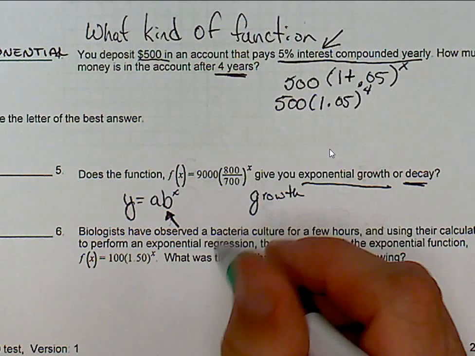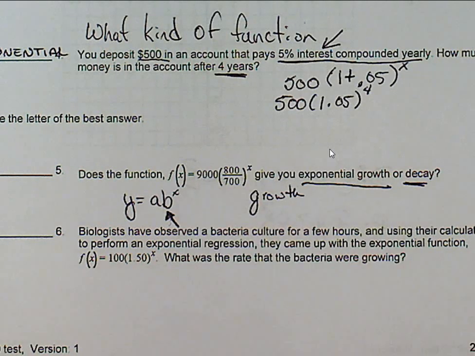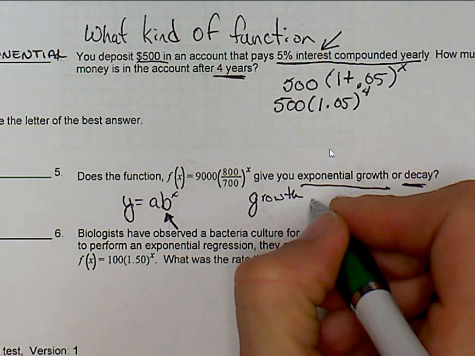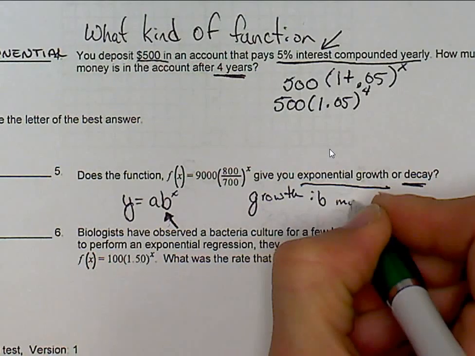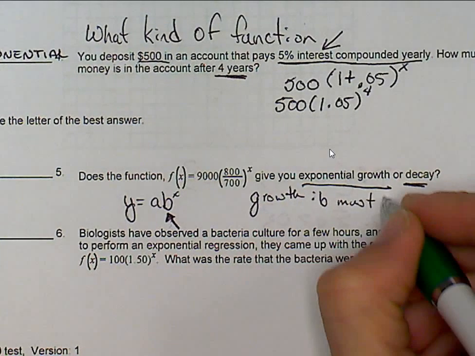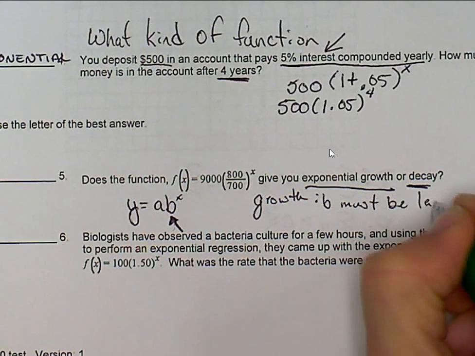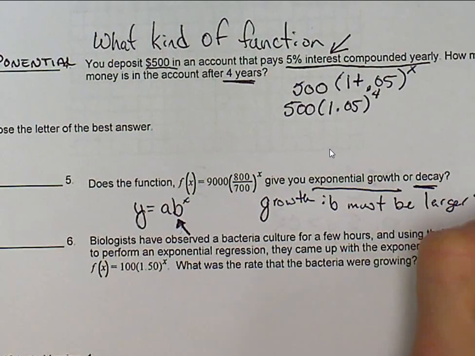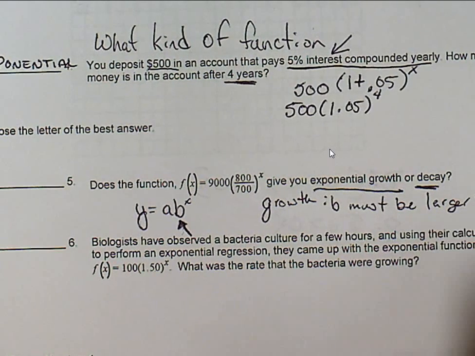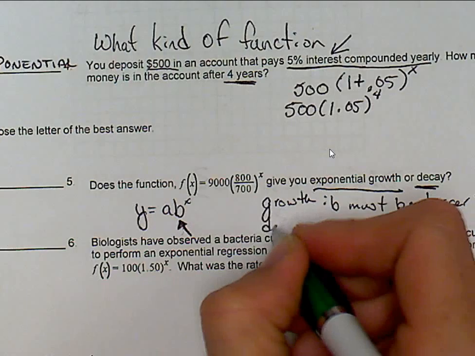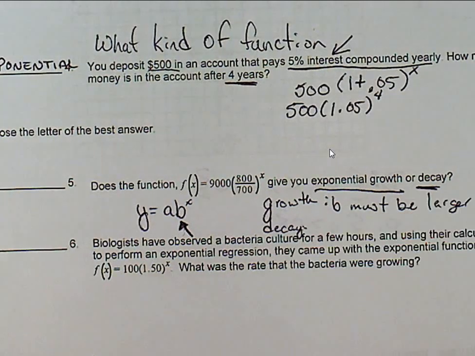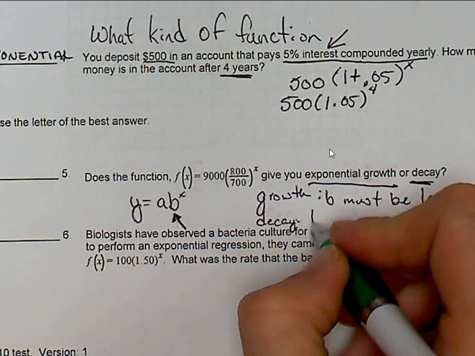What makes something grow when I multiply? The b must be larger than 1. What about decay? What do you think the b is going to be? B must be between 0 and 1.